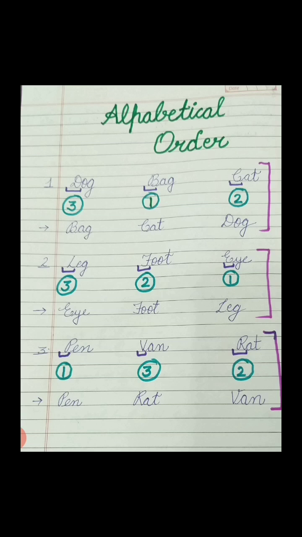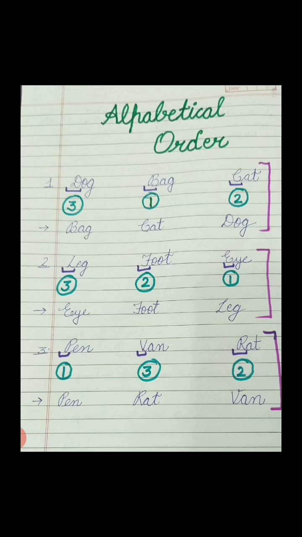Well done, E. So now who will tell me what comes first in the alphabet? L, F or E? I am waiting. What comes first? E. Very good. So we will be writing eye first. After E comes F. So we will be writing foot at the second place. And at the last we will write leg.